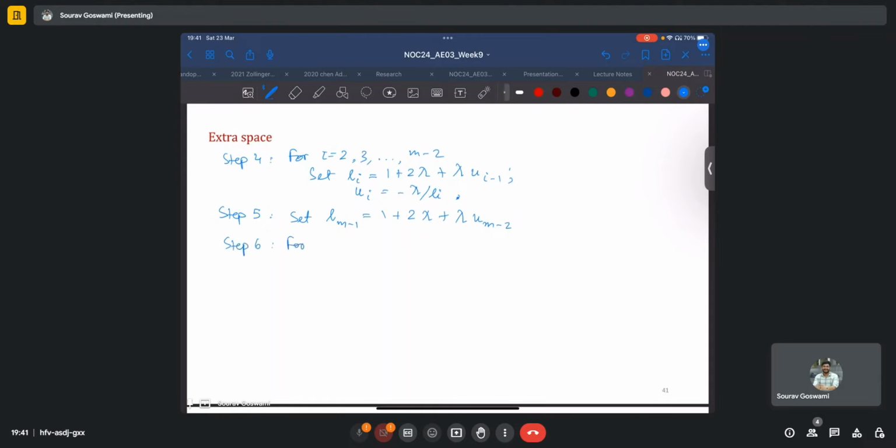Step 6, for j equals 1 to n, we do the steps 7 to 11. Step 7 is to set t equals jk.